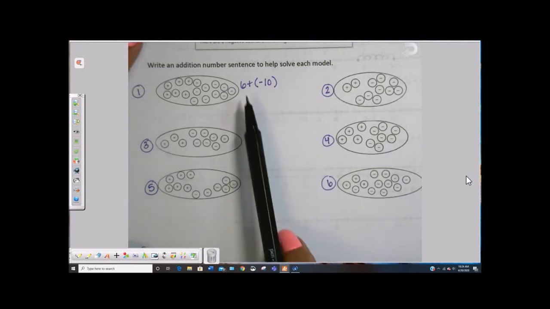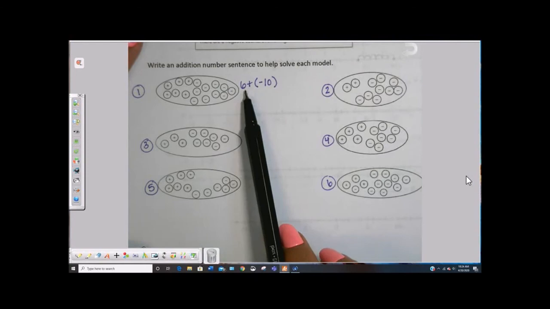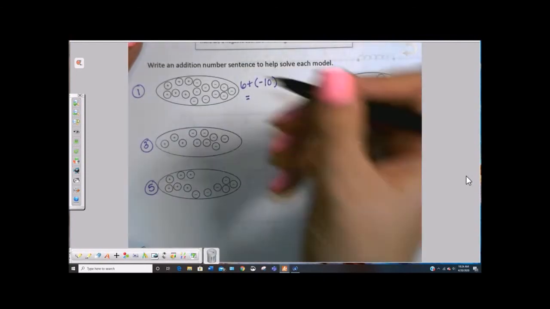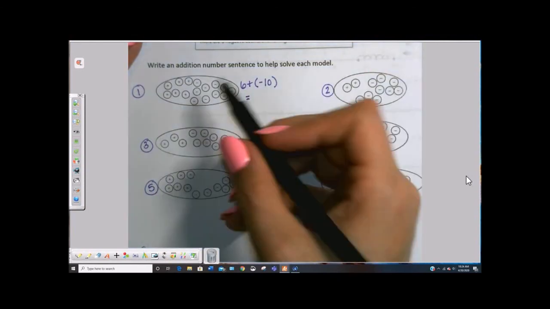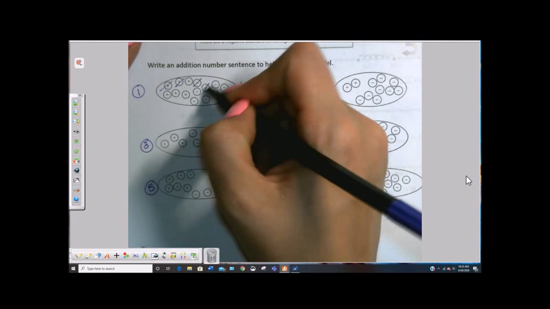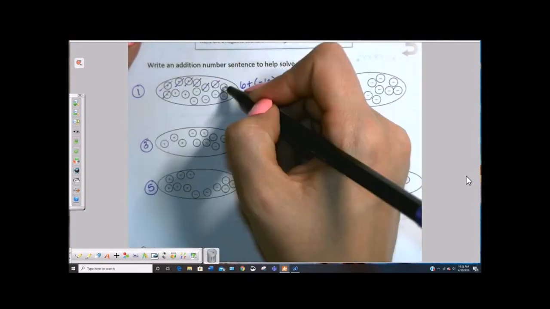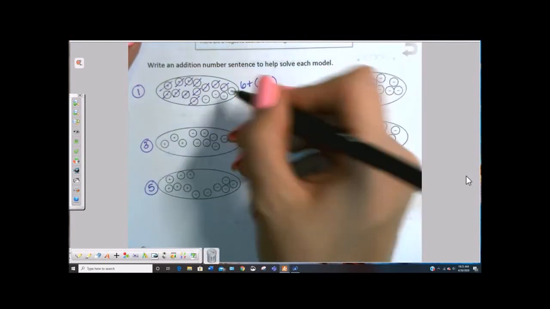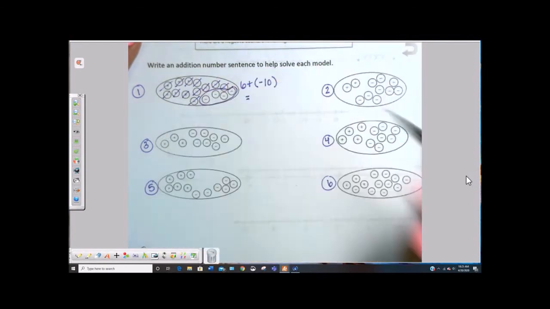So looking, I have positive, negative, positive, negative, positive, negative, positive, negative, positive, negative, positive, negative. And I am left with 4 negatives, so our answer is -4.